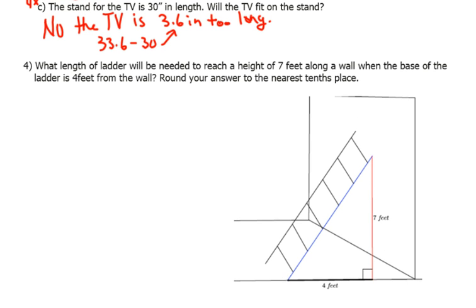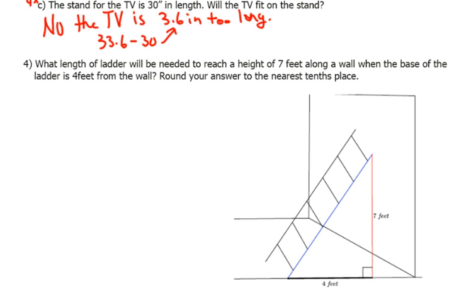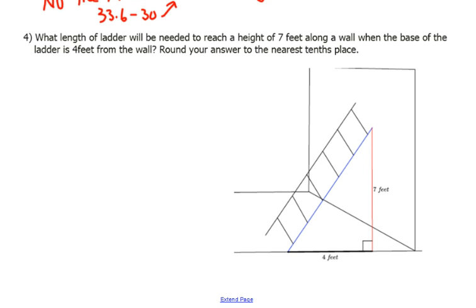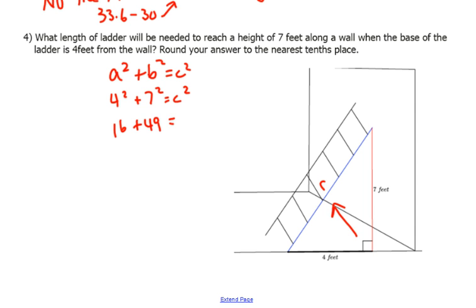Number 4, what length of ladder will be needed to reach a height of 7 feet along a wall when the base of the ladder is 4 feet from the wall? So we're trying to find how tall this ladder has to be. That's C. So a squared plus b squared equals c squared. 4 squared plus 7 squared equals c squared. 16 plus 49 equals c squared.